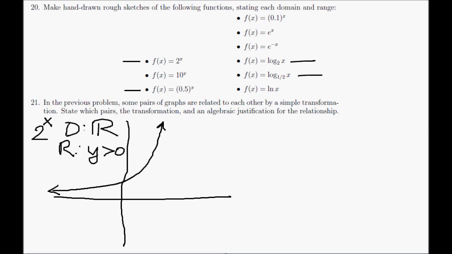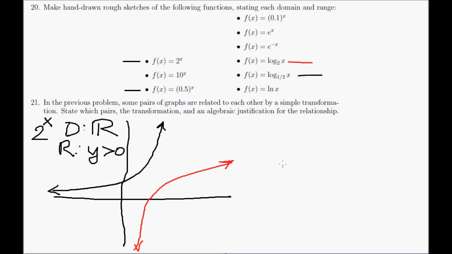One way of getting a comparison graph will be the log of x base 2 function. So let me plot that one in red. 2 to the x and log of x are inverse functions, and so the graph of log of x will go something like this, a mirror image through the line y equals x.